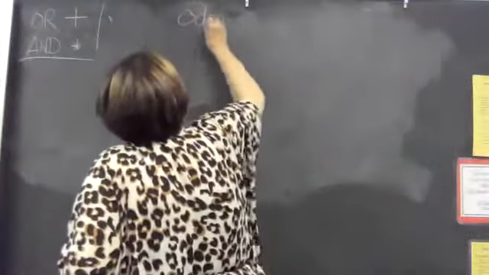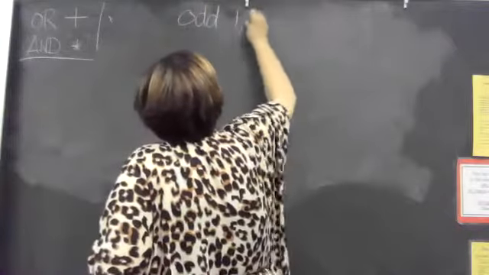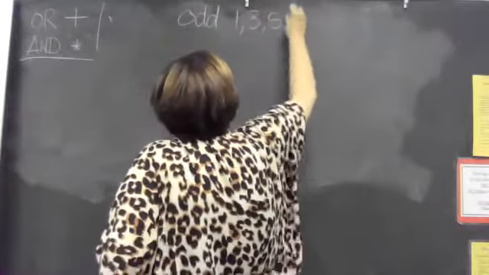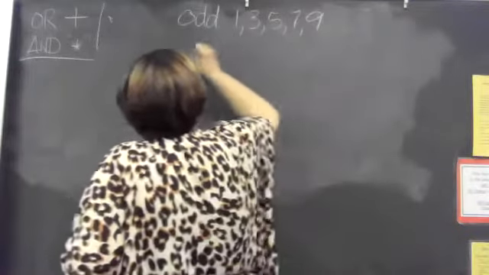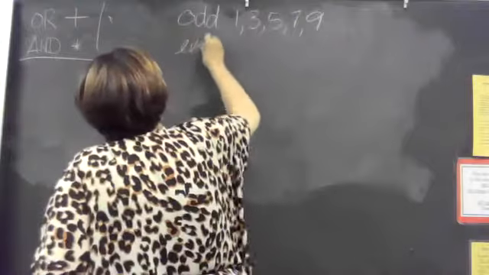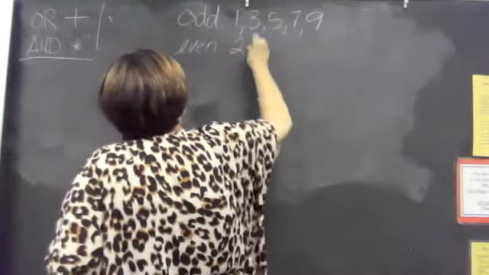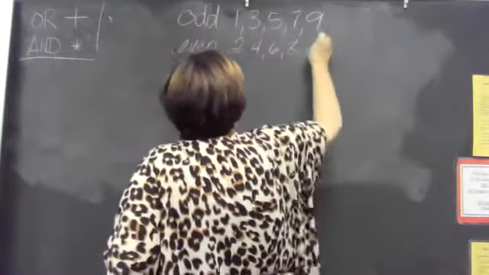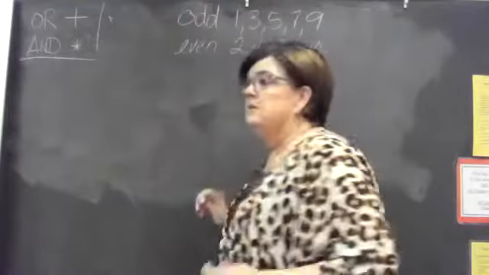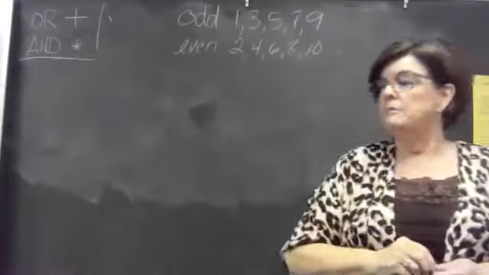Odd numbers are like 1, 3, 5, 7, 9, and so on, okay? And even numbers are like 2, 4, 6, 8, 10, and so on. They skip by 2s, okay?